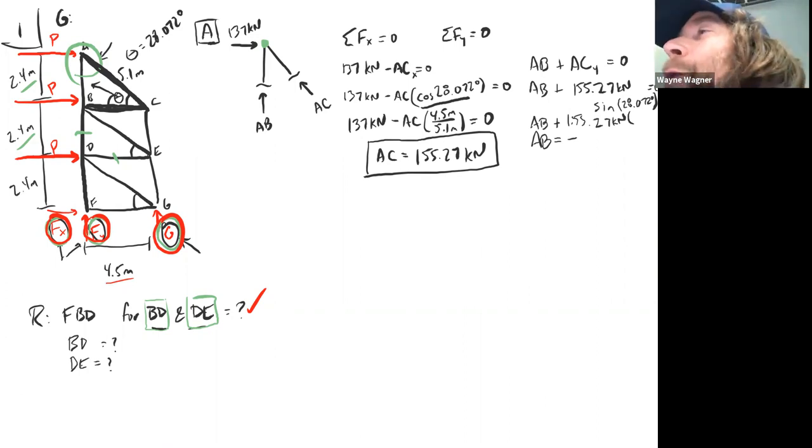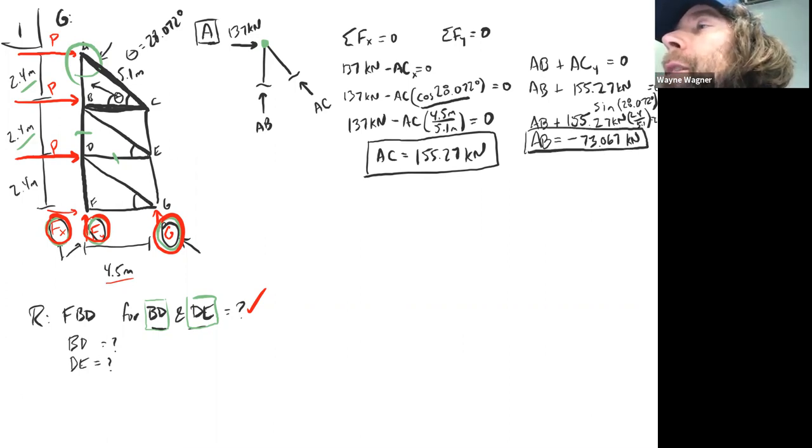So the sine is 2.4 over 5.1, equals 0. Sorry, it's getting really crunched in there. We can solve for that. That number times 2.4 divided by 5.1 equals negative 73.067 kilonewtons.